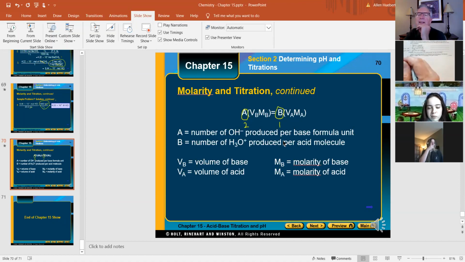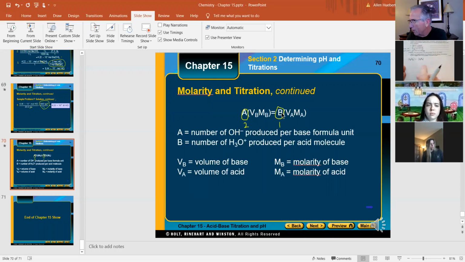Now, there's different ways of writing this. I think the key to remember on this one, I'm just going to give you the basic one that we use. This says the volume of the base times the molarity of the base is equal to the volume of the acid times the molarity of the acid.